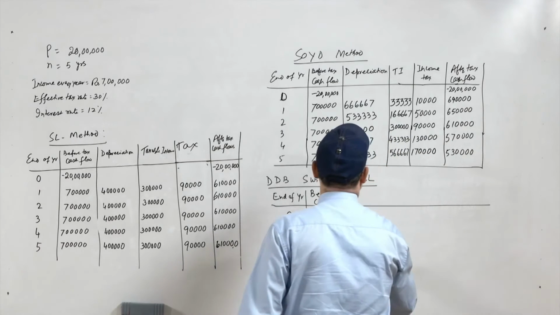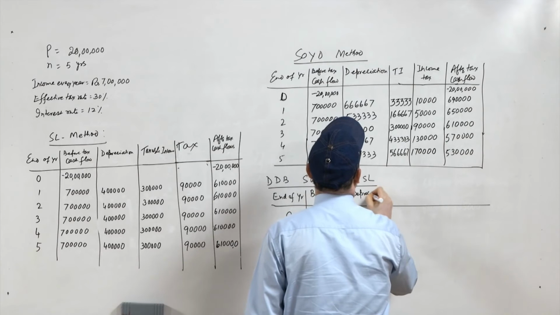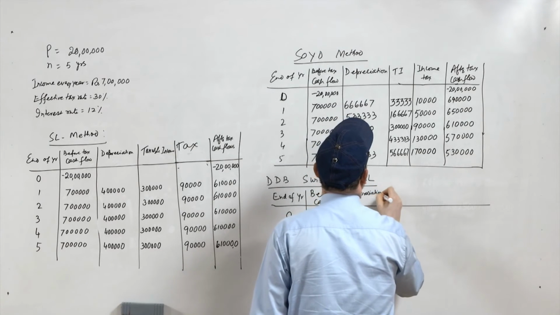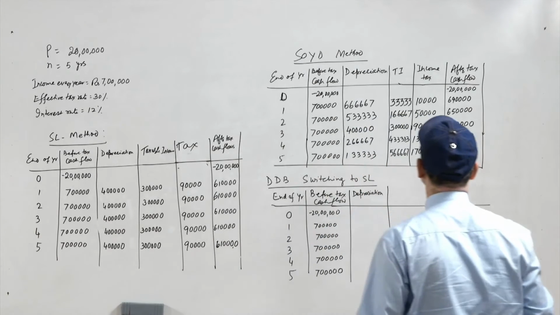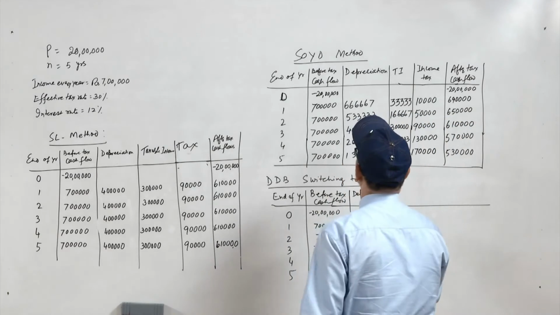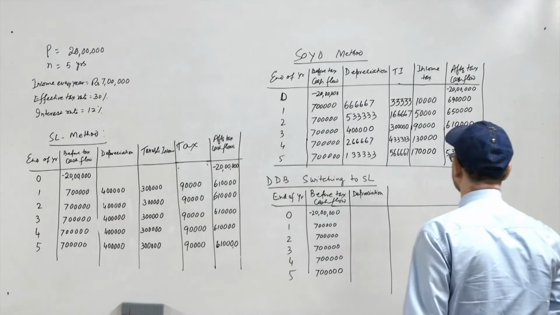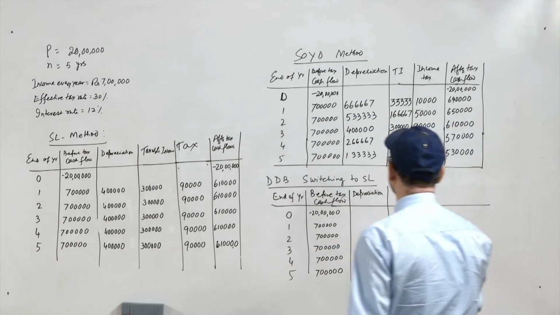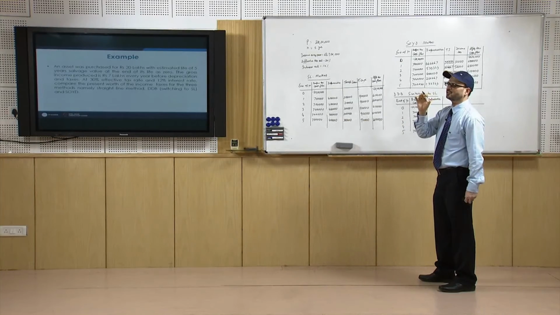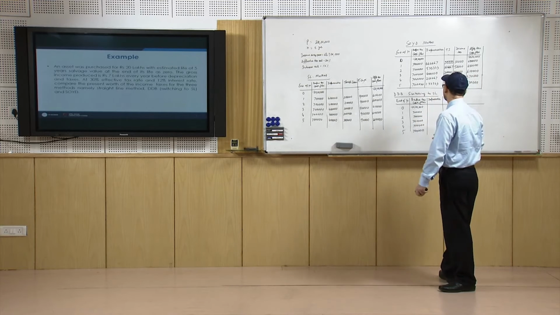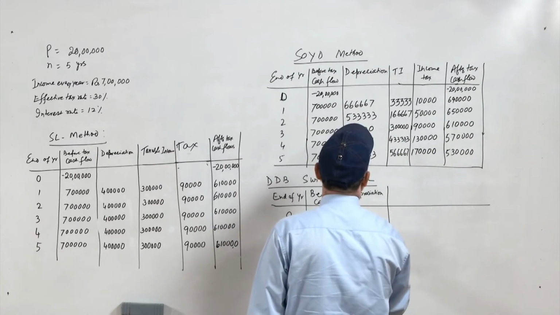Then you have the depreciation. The depreciation in the first year, if you are using the double declining balance, the rate of depreciation is 1 by 5 into 2, so 40%, so it will be 8 lakhs.